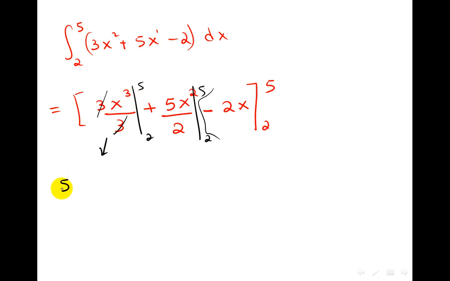It will be 5 cubed minus 2 cubed. I don't have any other number here because the denominator is cancelled out. Instead of this x you put a 2, so it will be 2 cubed. I'm done with this one. Plus, now let's do this, 5x squared.